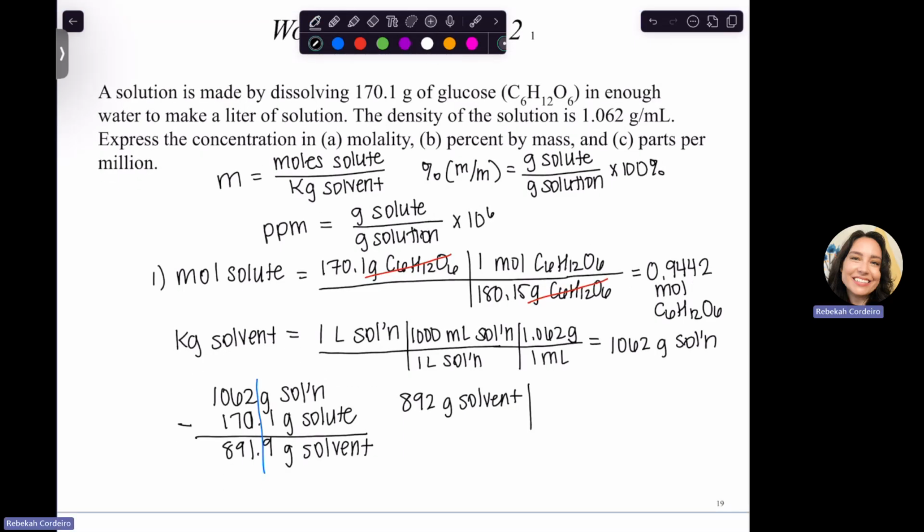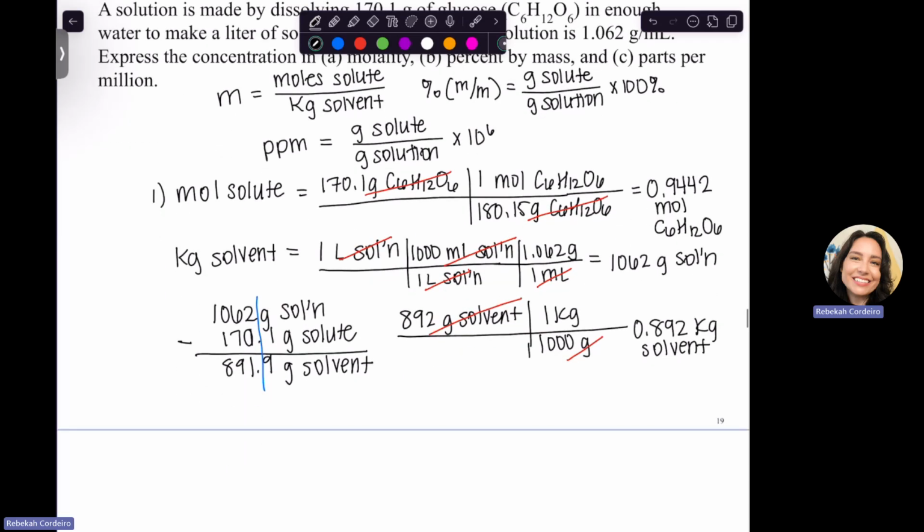So we can turn that into kilograms of solvent by saying we know 1,000 grams is a kilogram. Let's go ahead and cancel these out. That will cancel out my grams of solvent. And it would be 0.892 kilograms of solvent.